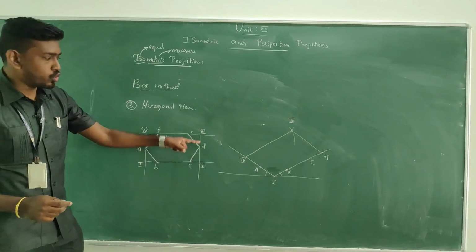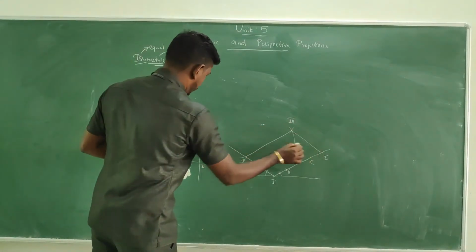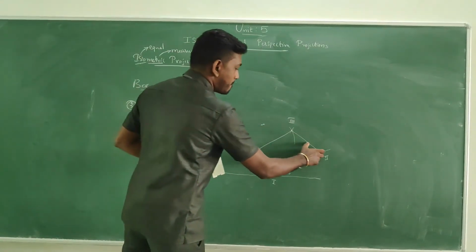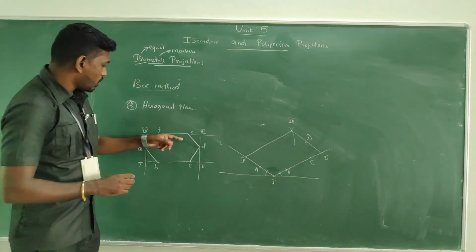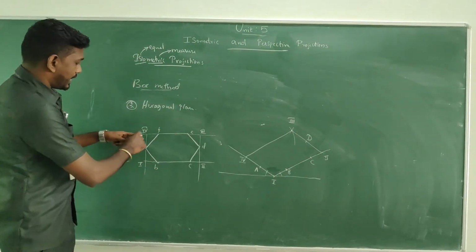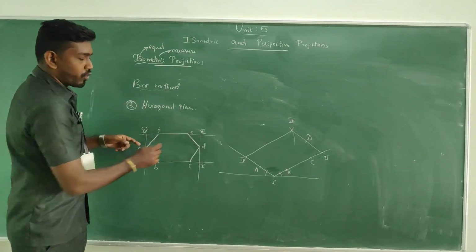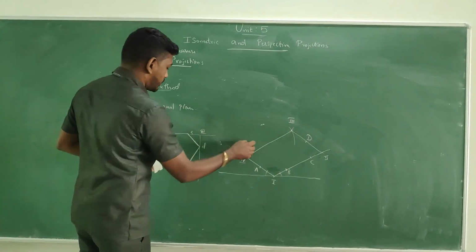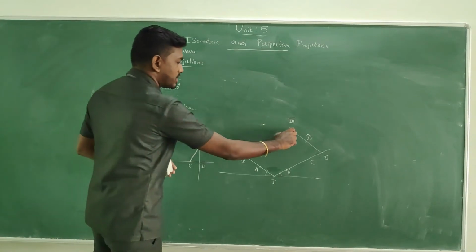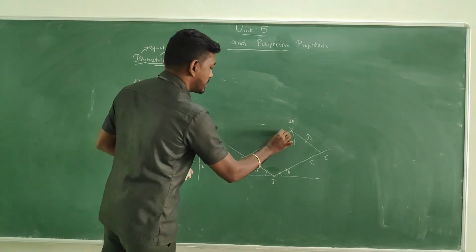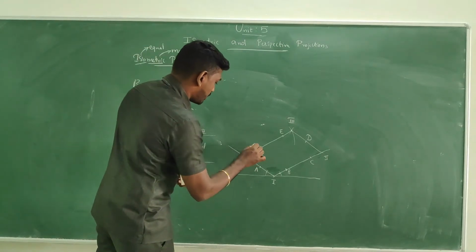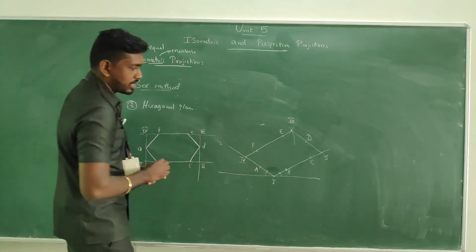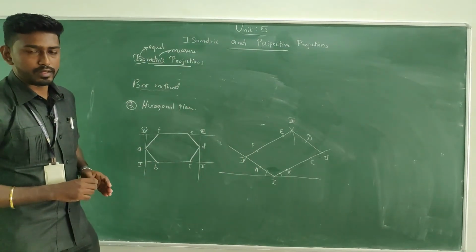D is between 2 and 3, here it is. Take the measurement 2 to D, transfer it, you get D. What about F and E? They are between the line 4 and 3. Take the measurement 3 to E, convey it, you get E. For F, take the measurement from 4, convey it, you get F. Like this.